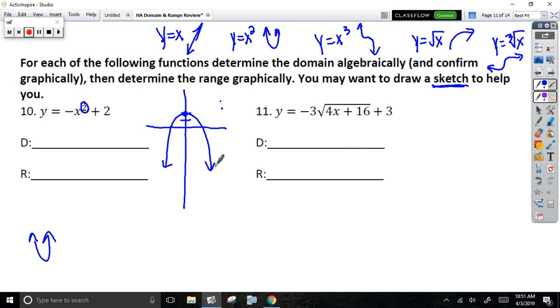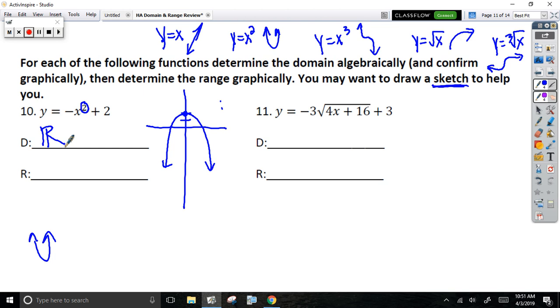So what should the domain be? Left to right. All real numbers, or negative infinity to infinity. Also think about the rules we just said. Is there a denominator? No. Is there a square root? No. So it should be all real numbers.